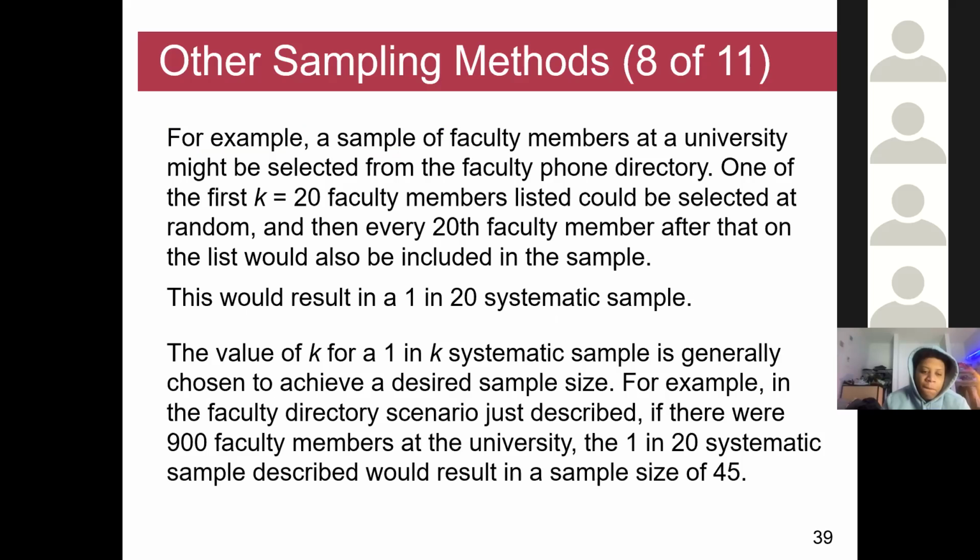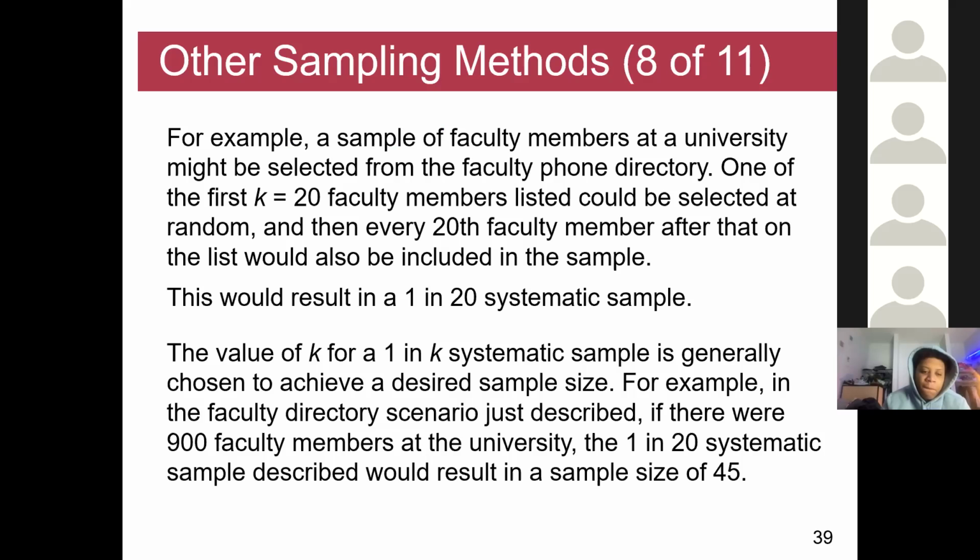For example, at a university, a sample of faculty members might be selected from a faculty phone directory. One of the first 20 faculty members would be randomly selected. So K is 20, and then the 20th person after that would be selected.